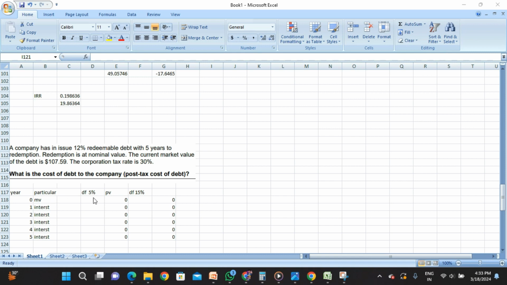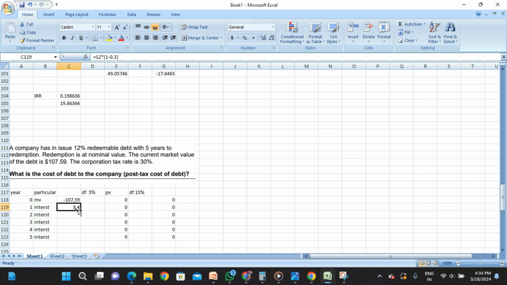Same as before, at zero we write the market value here, which is minus 107.59. In the interest we have to include the tax relief. The interest will be 12% of 100, which is 12. So we can say 12 into bracket 1 minus corporate tax 0.30, and we get 8.4.